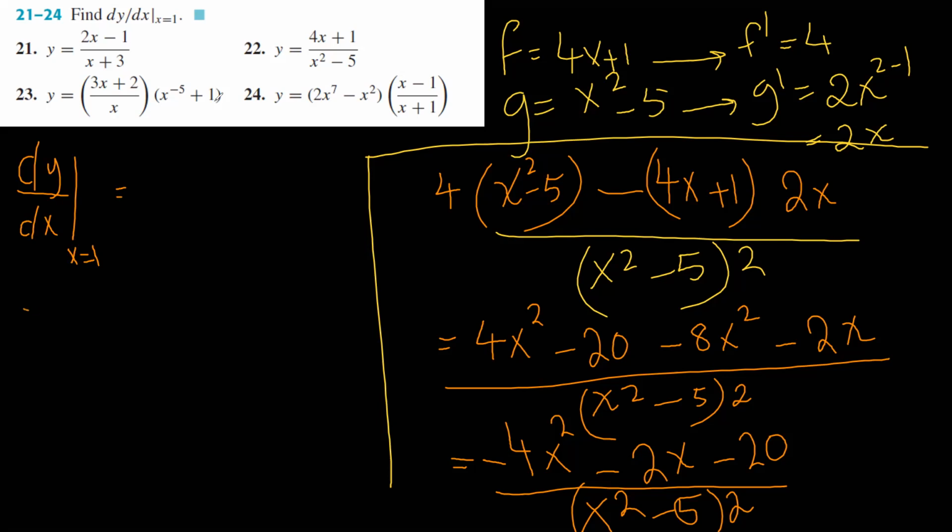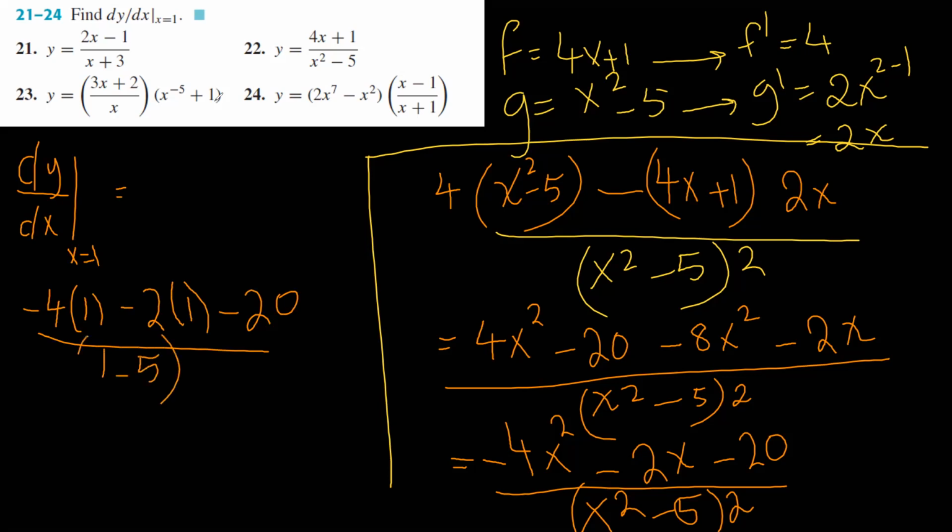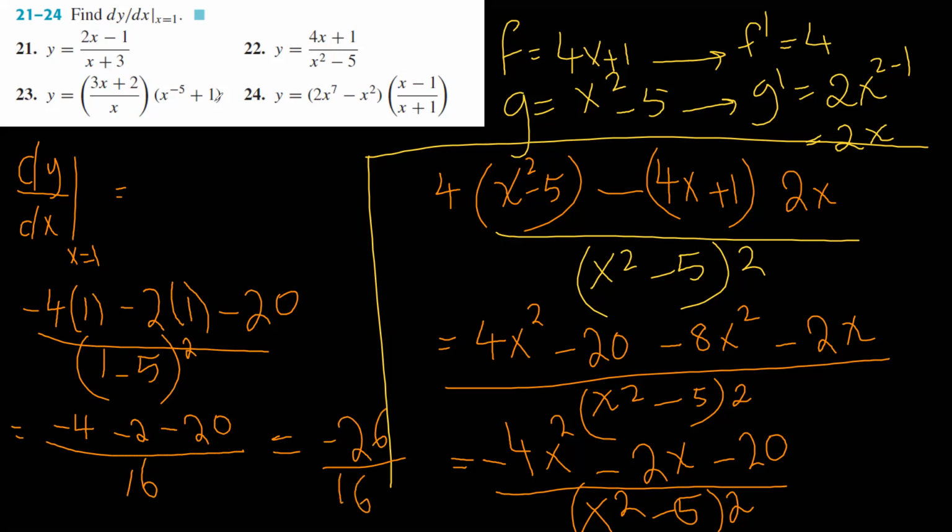Negative 4 times 1 minus 2 times 1 minus 20, over 1 minus 5, squared. Negative 4 minus 2 minus 20, over 1 minus 5 is negative 4, squared is 16. Negative 4 minus 2 is negative 6, minus 20, is negative 26 over 16.